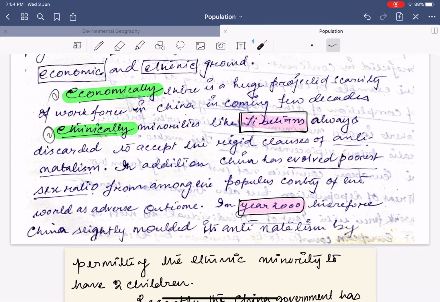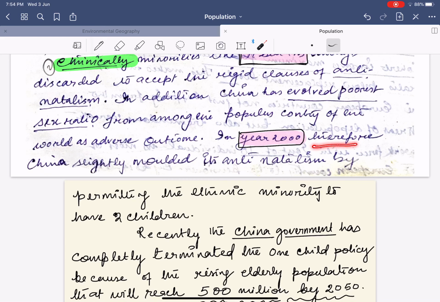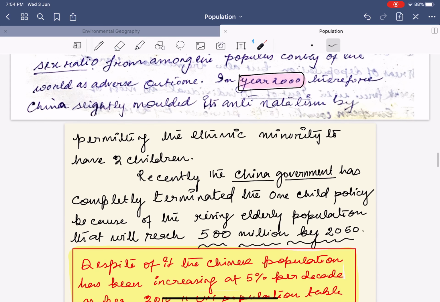Again, in the year 2000, China slightly molded its antinatalism policy by permitting the ethnic minority, the Tibetans, to have two children. But still, this did not work. Recently, the Chinese government completely terminated this one-child policy because of the rising elderly population, number one, which will reach 500 million by 2050.